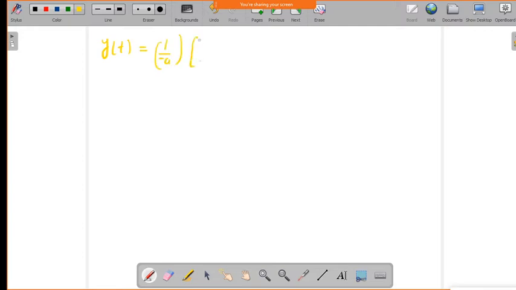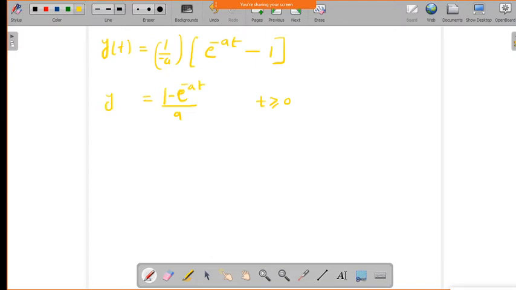If you put the limit t, you will get e power minus a t, and if you put t equal to 0, it will become 1. So this will be 1 minus e power minus a t divided by a, whenever t is greater than or equal to 0.